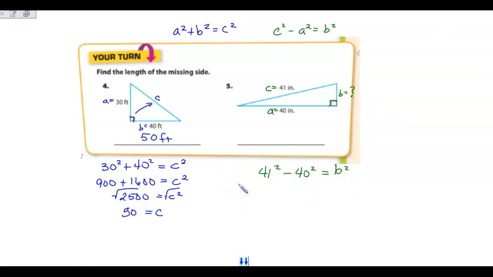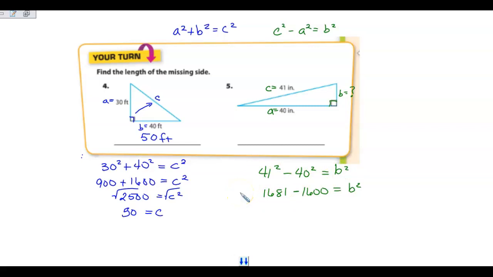41 squared is 1,681. My 40 squared is 1,600. And you have to remember that you're subtracting because you're taking c squared minus a squared equals b squared.